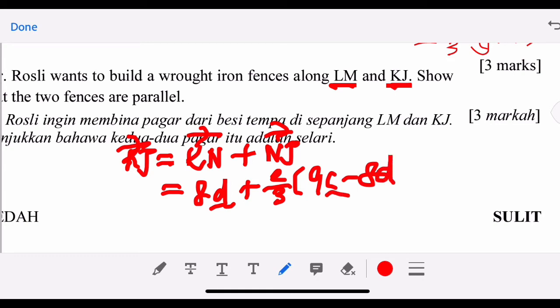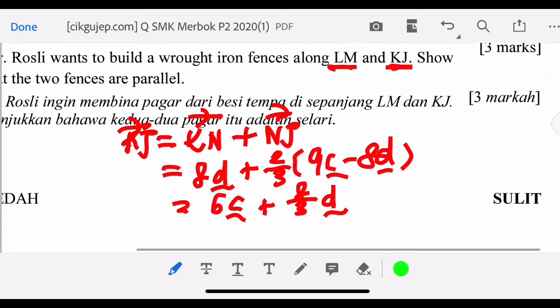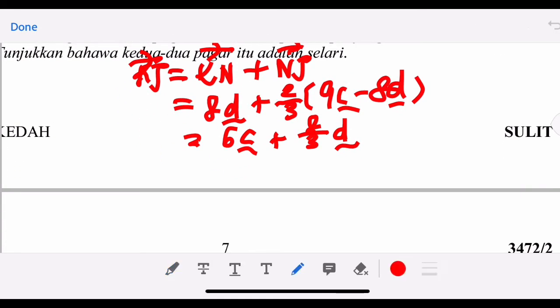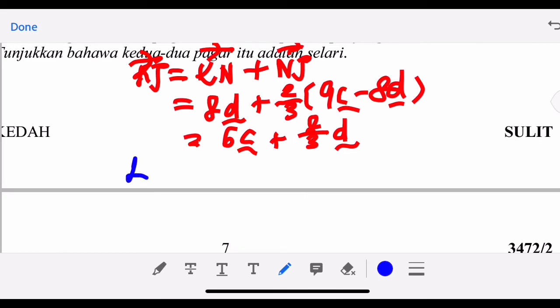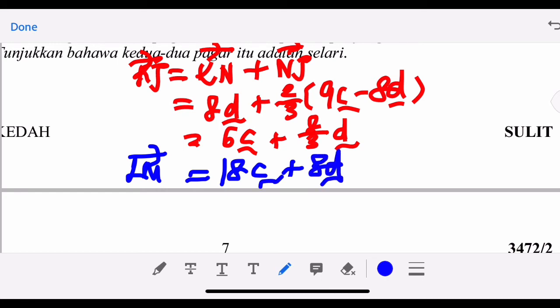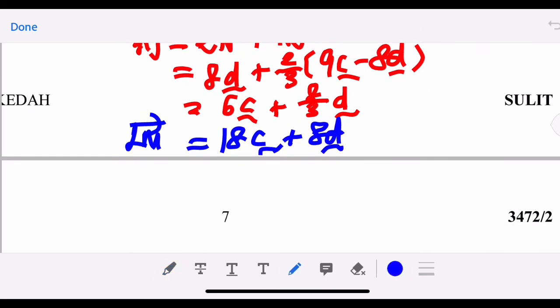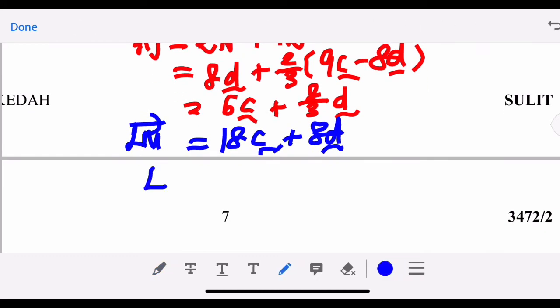Basically you have to find the vector KJ in terms of C and D first. I'm using the triangle law. KJ equals KN plus NJ, and when I simplify, I get 6C plus 8 over 3D. Then I have to find the other vector, LM, which is 18C plus 8D. Now you have these two vectors, and you need to express one in terms of the other, which we call a multiple.